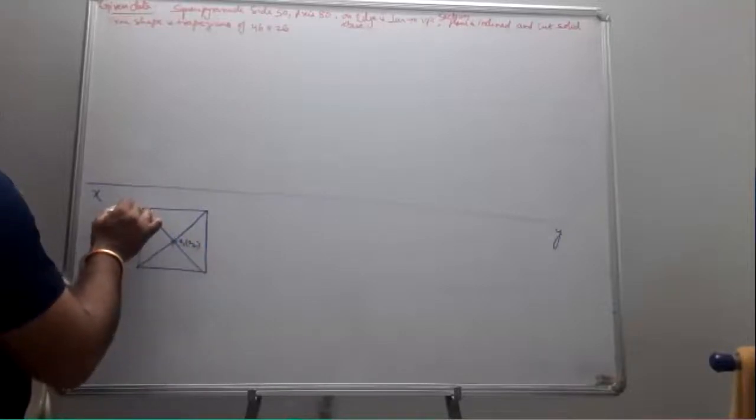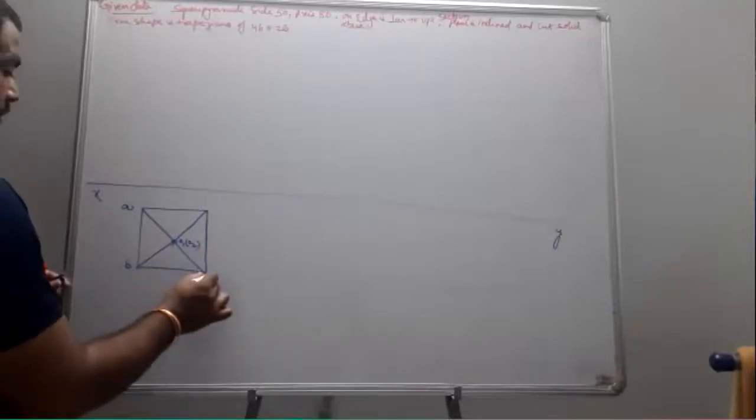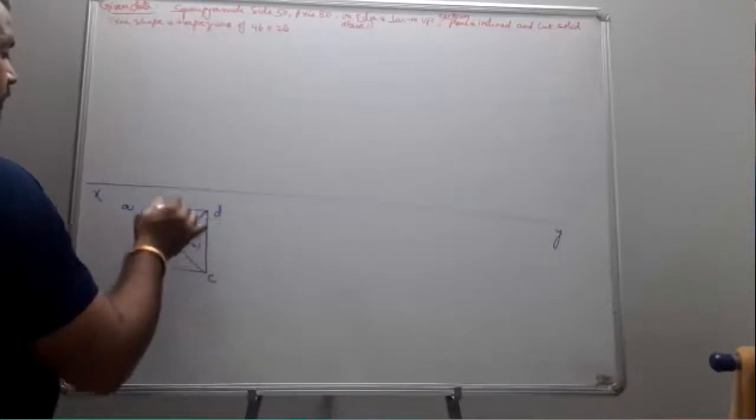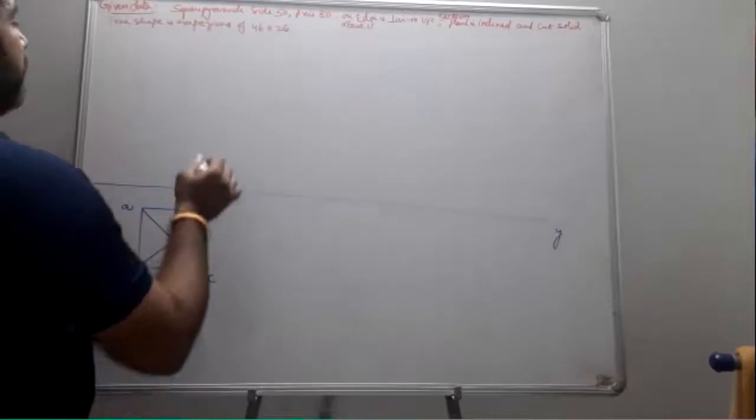So this is A, B, C, D. The height of the solid is given. What is the height of the solid? 80.